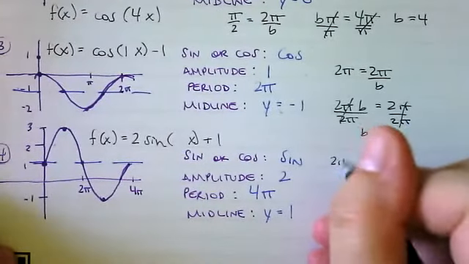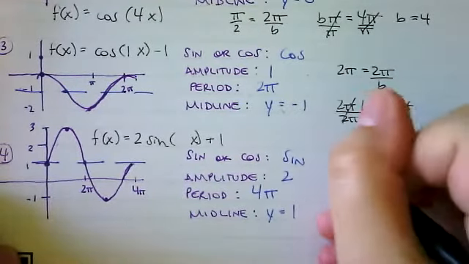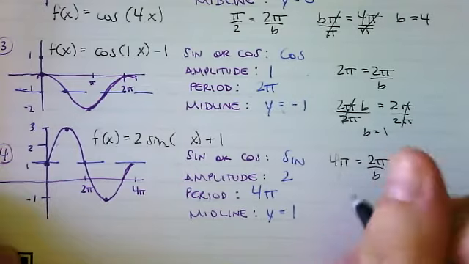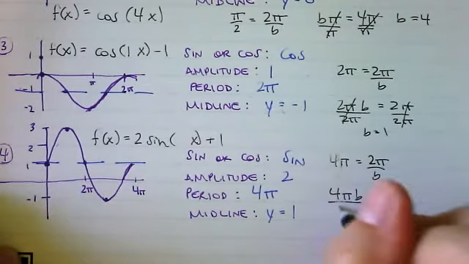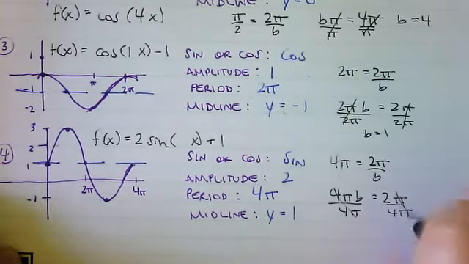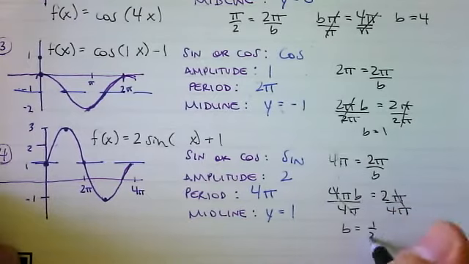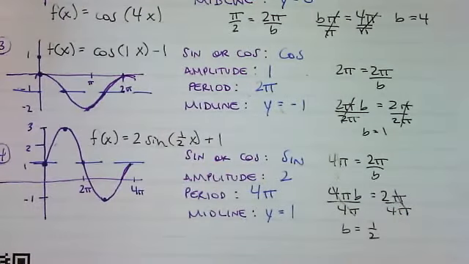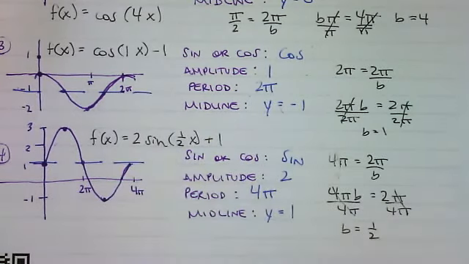So I've got 4 pi equals 2 pi over B, cross multiply. 4 pi B equals 2 pi, divide them both by 4 pi. The pi's cancel out. 2 divided by 4, just simplify it, you get 1/2. So I get 1/2 x inside there. So here's my final answer. F of x equals 2 times the sine of 1/2 x plus 1.